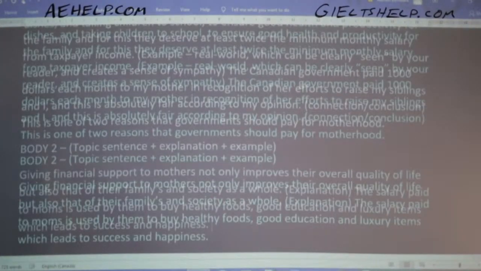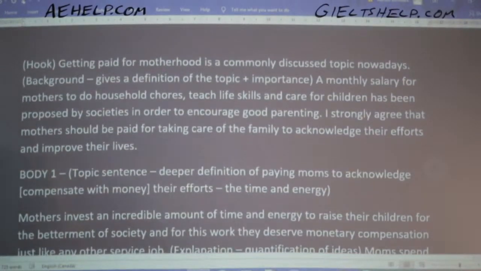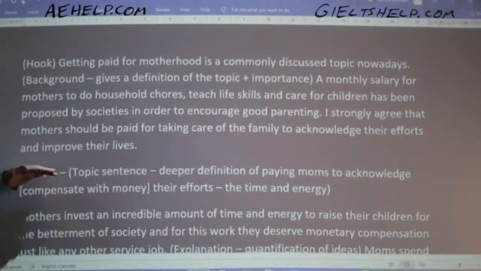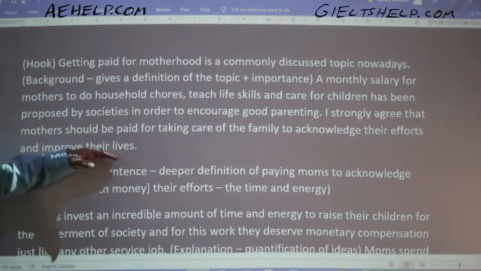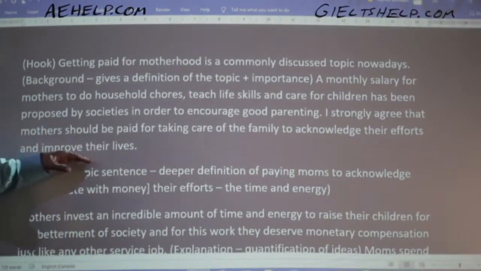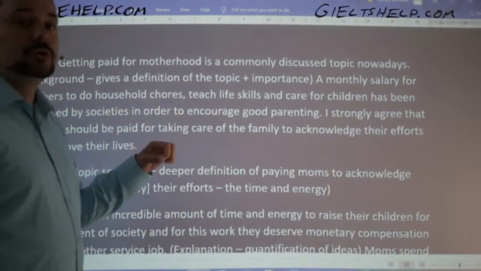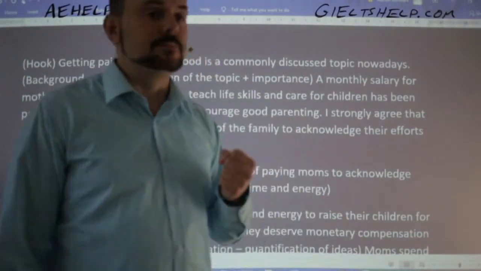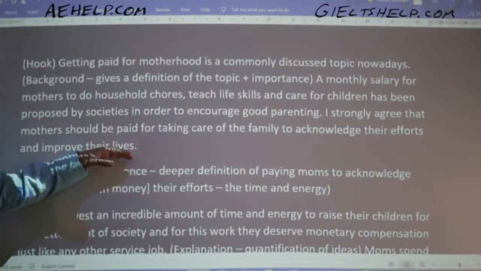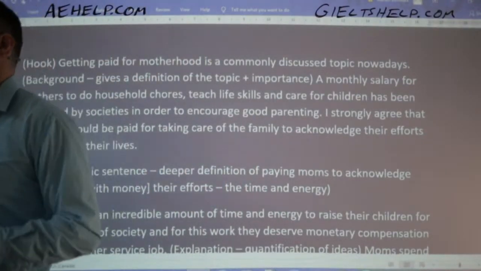Students, don't forget that in your body paragraphs, you have to reflect the thesis point, improve their lives. So successful life, better life quality, happier lives. Those are the terms, the synonyms that you should be thinking of for your second thesis point here.